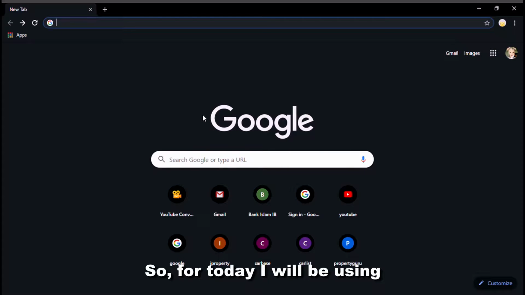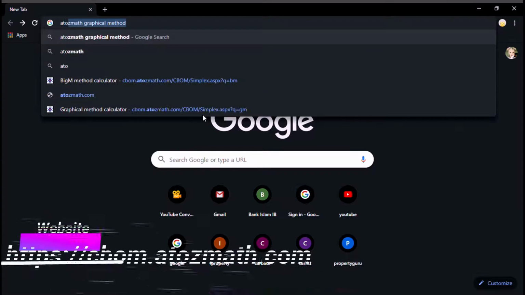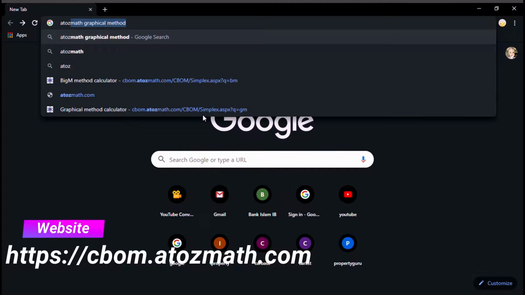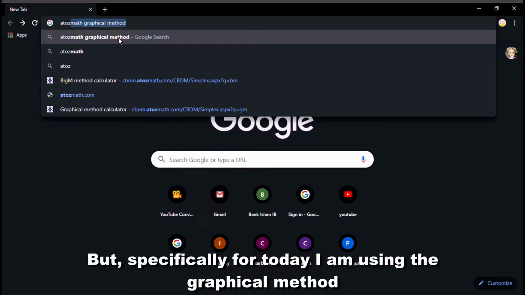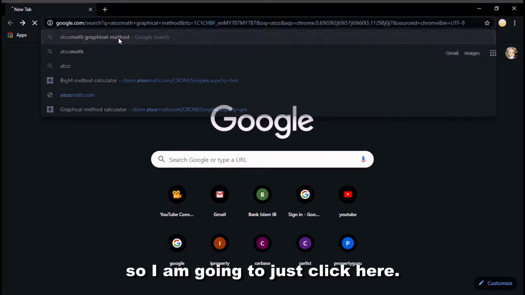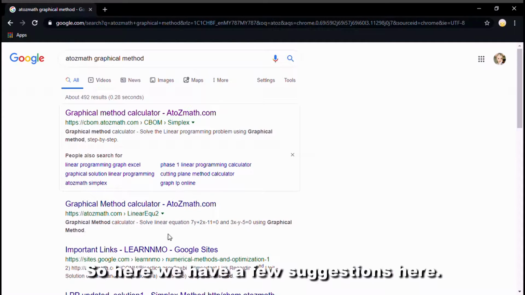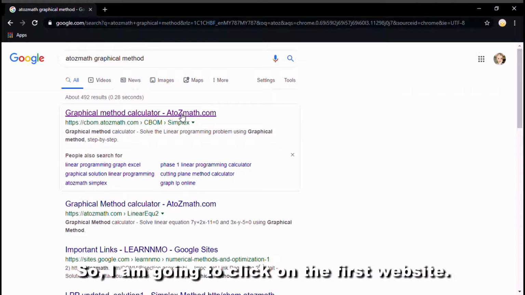So for today, I will be using an online solver called A to Z Math. Specifically, I am using the graphical method, so I'm going to click here. We have a few suggestions, so I'm going to click on the first website.